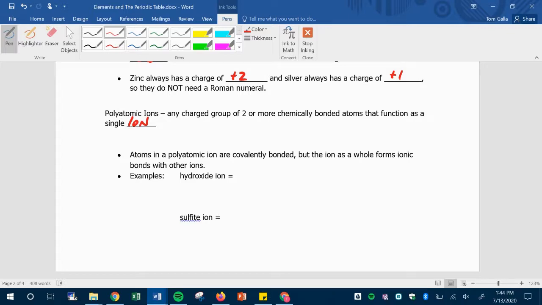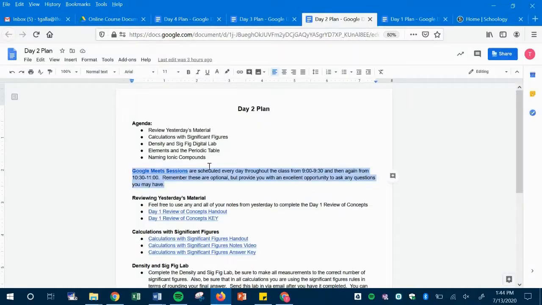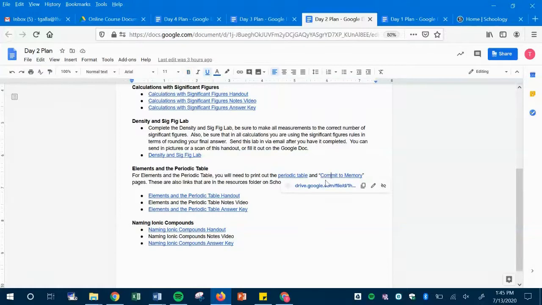Now, for these ions, you can actually find all of these on that commit to memory page. And so let's take a second and look at our commit to memory page. Here it is.